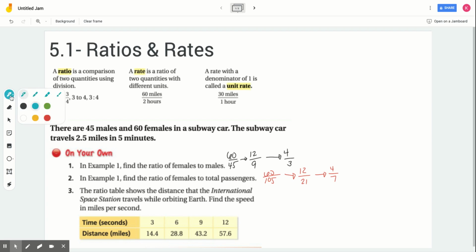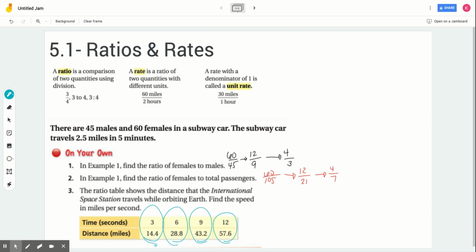Now, as we look at the third one, it says the ratio table shows the distance that the International Space Station travels while orbiting the Earth. Find the speed in miles per second. We can take any point on this ratio table to write the speed in miles per second. Any point on this table will be the same because all points on the ratio table are equivalent ratios.